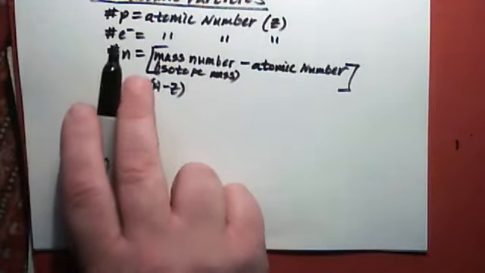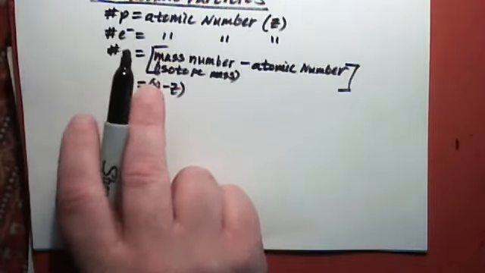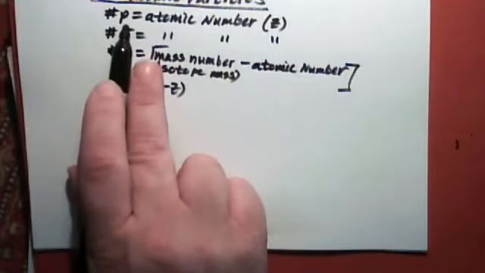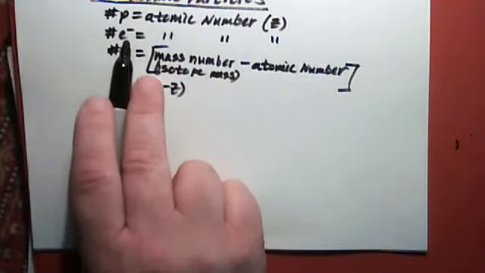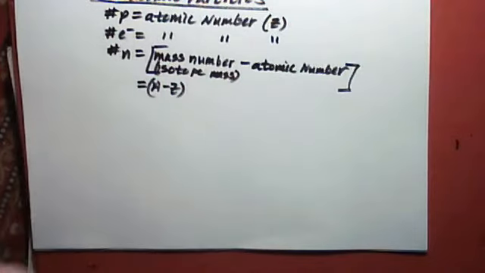So you can find the protons and electrons for any atom of an element without even knowing what isotope you're talking about. If you're talking about carbon, all carbon atoms have 6 protons because it's atomic number 6. All carbon atoms will also have 6 electrons because atoms are neutral overall.